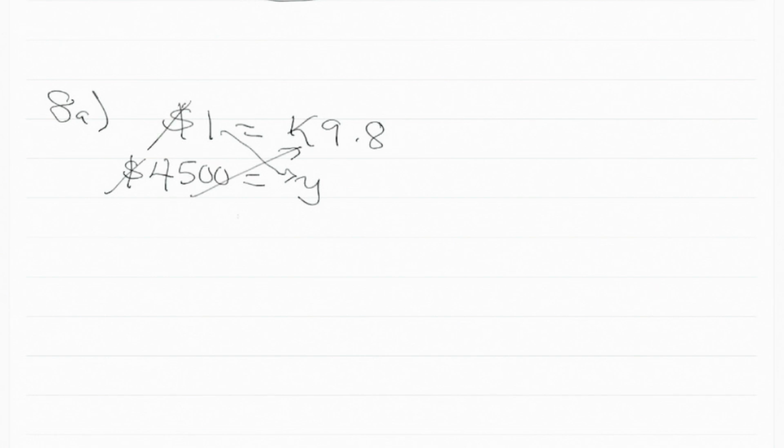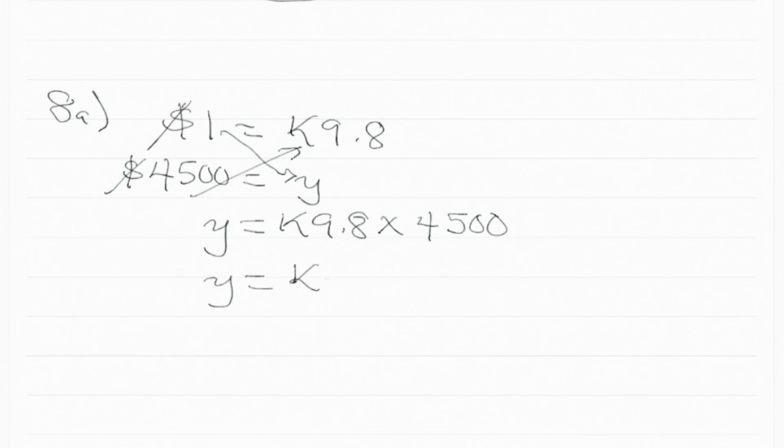Since the dollar symbol is common, 1 times y is going to give us y, which is equal to 9.8 times 4,500.